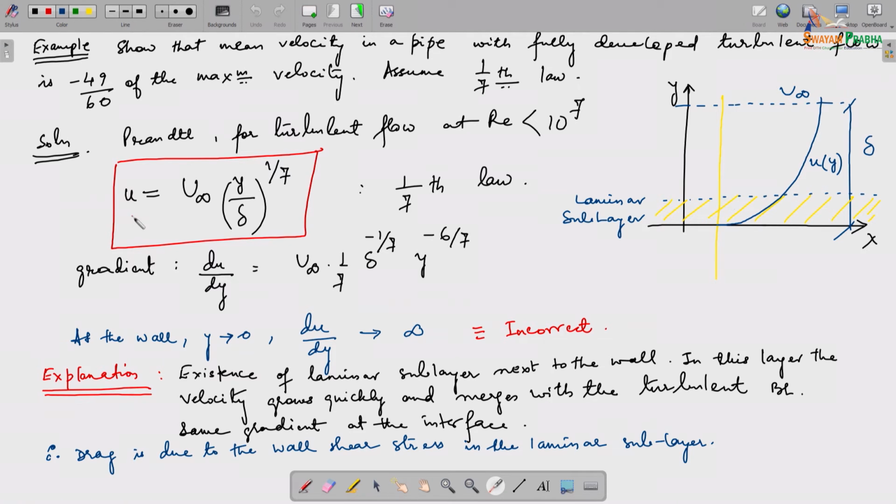This relationship, the 1/7 law, is going to be valid only in this region. So I have to subtract this height. Let's call that y. So in this picture, this is basically delta minus y, where the 1/7 law is valid, because this is the turbulent part. This is a turbulent boundary layer with a laminar sublayer where the 1/7 law is not valid, right. So we have to do that.